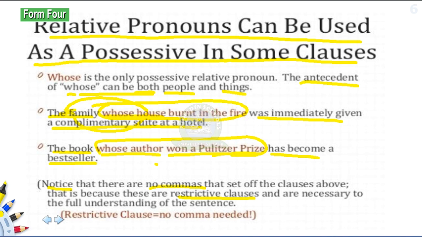The word restrictive means limited. So if you have a restrictive clause, you don't need a comma. But if you have a non-restrictive clause, you need commas, and they are not necessary for the full understanding of the sentence. Restrictive clause, no comma needed.